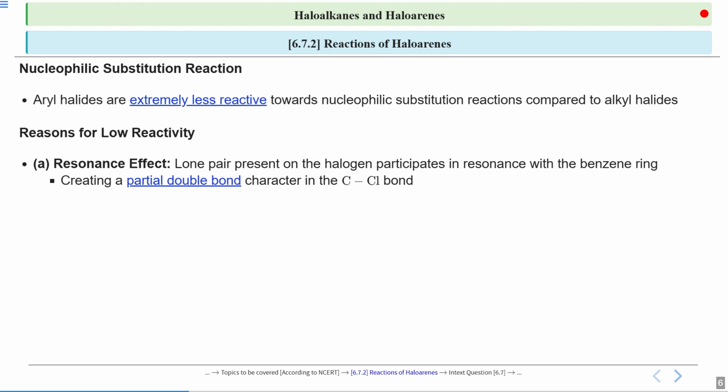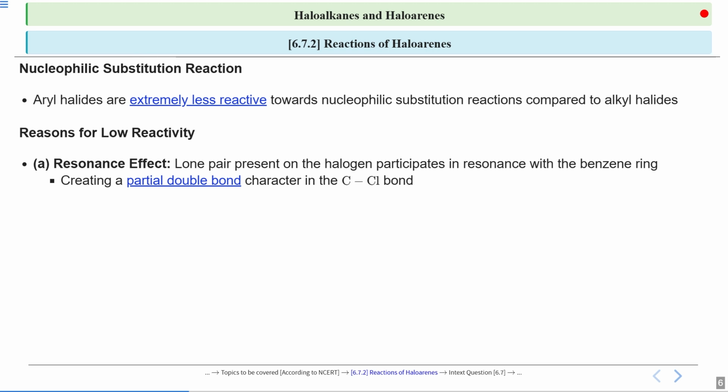We will see an example of a benzene ring over which a chlorine is present, chlorobenzene. That's why we mention here that the carbon-chlorine bond has partial double bond character. Why? Due to the resonance effect, the lone pair of chlorine participates in the resonance with the benzene ring.